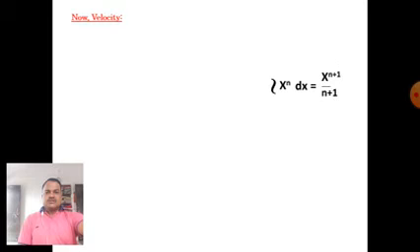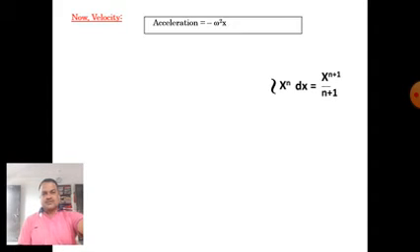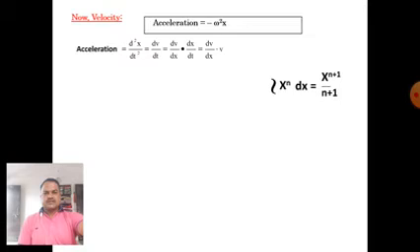The derivation of velocity depends upon the derivation of displacement. So we know that acceleration is equal to minus omega square x, but acceleration is nothing but the rate of change of velocity. Another formula for acceleration, d2x upon dt square.